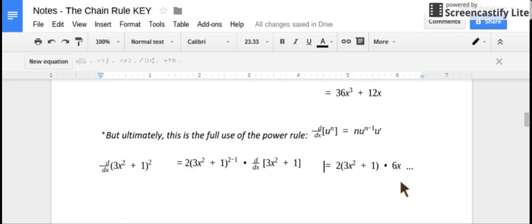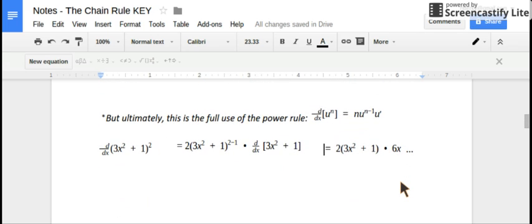So again, a lot of books will rename this and call it the chain rule, give you a lot of complicated strategies to use it. I think that if we just call it the power rule in its full form, then we're already dealing with something we're familiar with.